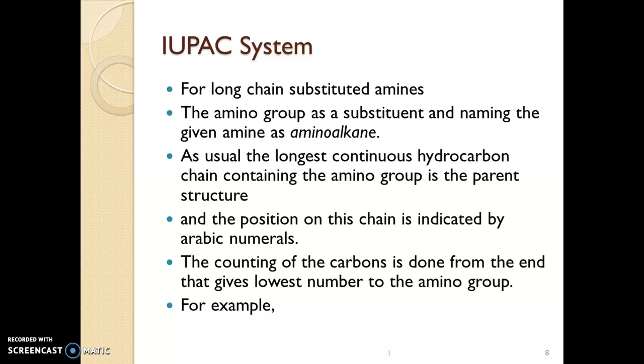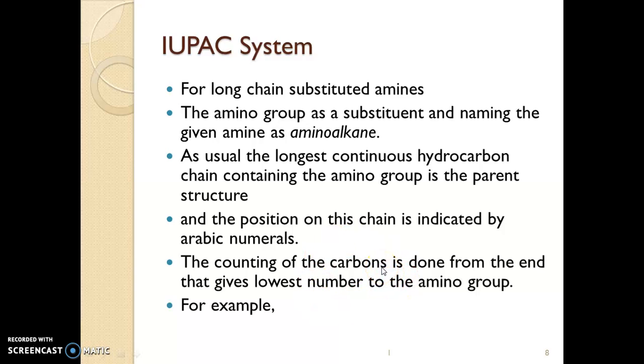First, select the longest continuous chain of hydrocarbon which contains the functional group. Then the position of this chain is indicated by Arabic numerals, meaning 1, 2, 3 and 4. Then give the numbering in such a way that the carbon bearing the functional group gets the lowest possible number.